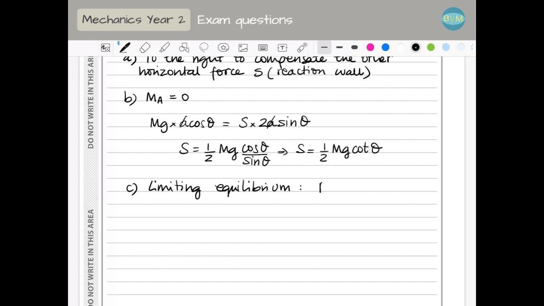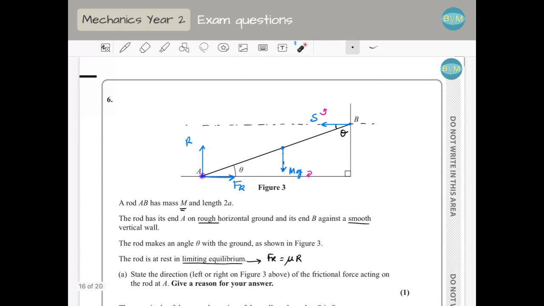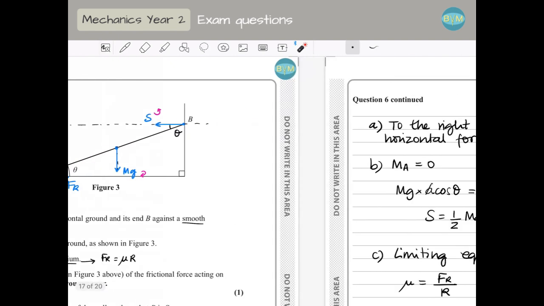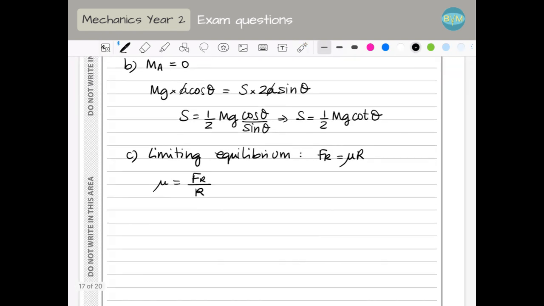That means my coefficient of friction is going to be friction divided by R. If we resolve horizontally, friction to the right is equal to S to the left, and we just found S. We know that that is 1/2 mg cot theta.